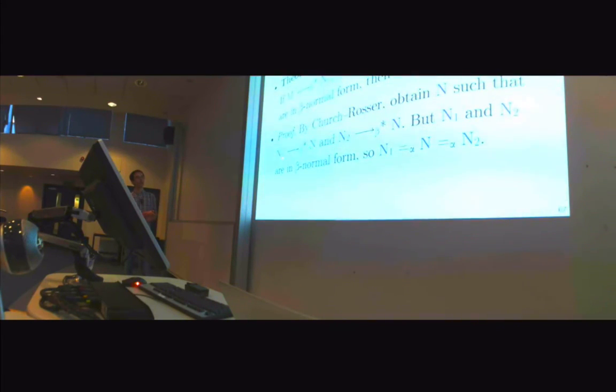However, n1 and n2 are already in normal form, so we know that there's nowhere further to go from n1 and n2. So the only way that you could actually converge again from n1 and n2 is if n1 and n2 are already the same. And that's what this is saying here. It's actually quite a simple proof. And I'm going to leave it there.